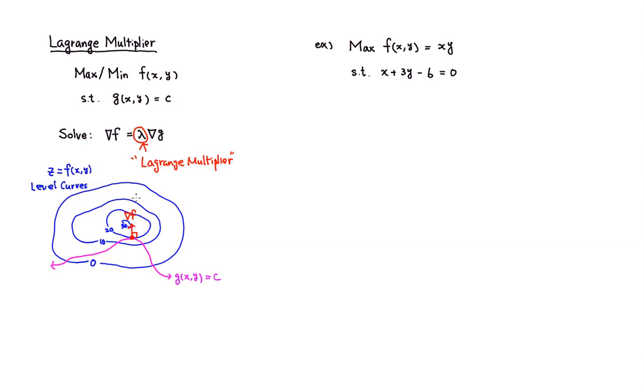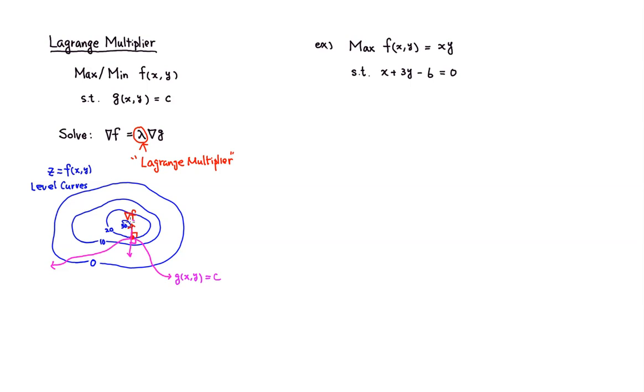Also, if you take the gradient of g, this is a level curve because you're setting a function equal to a particular constant. So it's a level curve for g, and the gradient is going to point perpendicular to the curve. It could be pointing in this direction or the opposite, but it's perpendicular to the path of the hiker.